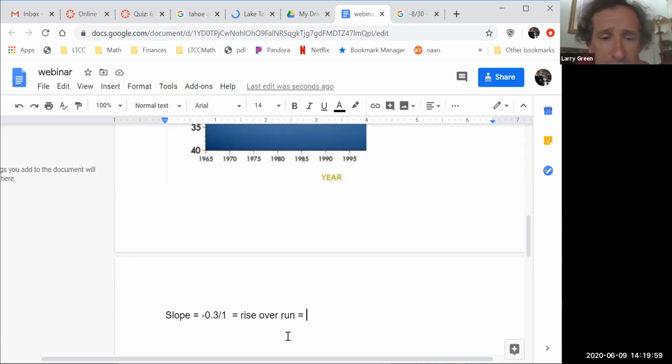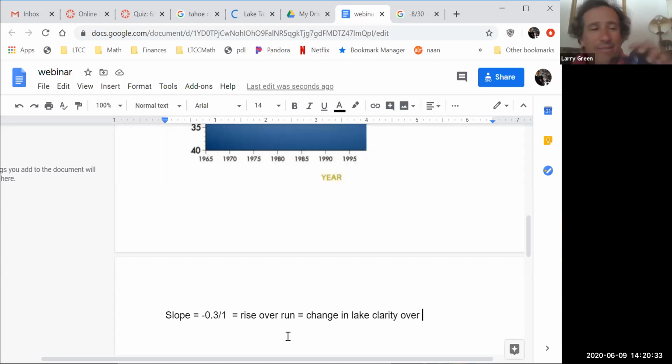Okay, so now what we want to do is say, what is the rise? The rise is the change in what? Change in lake clarity. So if the rise is negative, that means it goes down. So note this is, let me write this down. This is change in lake clarity, because that's the rise, over, and what is a run?